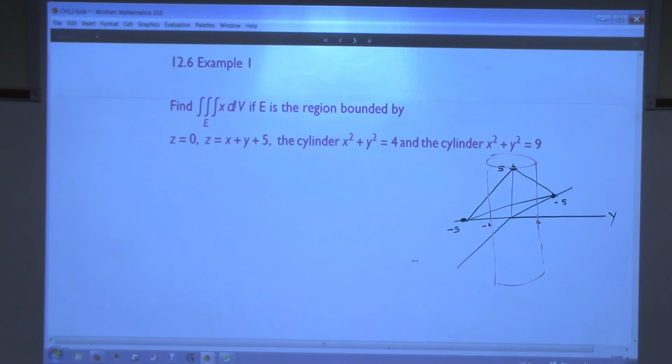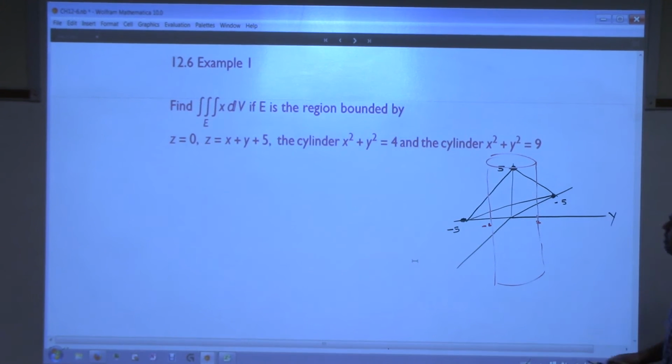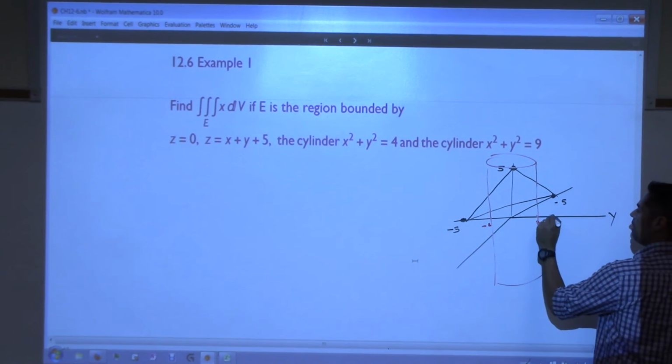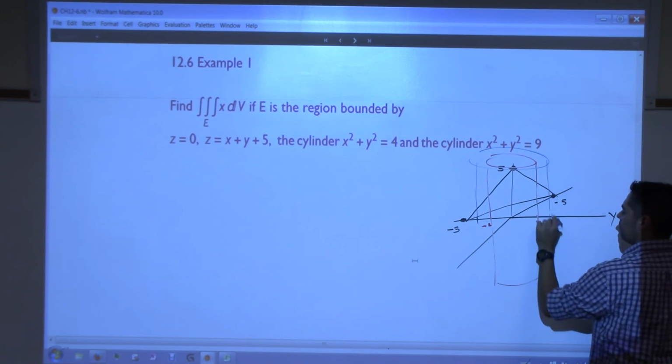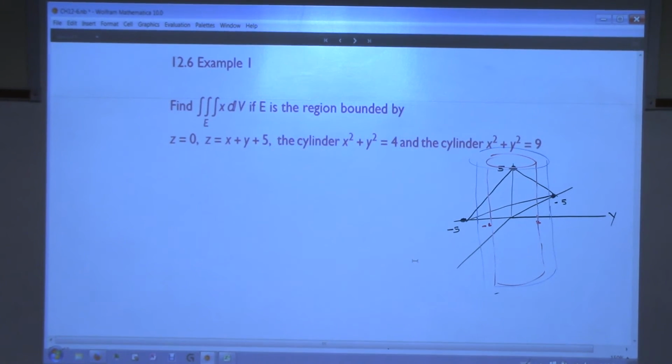Are there going to be two cylinders? Yes, there's another one right here, with a radius of 3, which is just a little bit outside of that one. They go forever. But what does this thing look like? It's the region bounded by all of those.